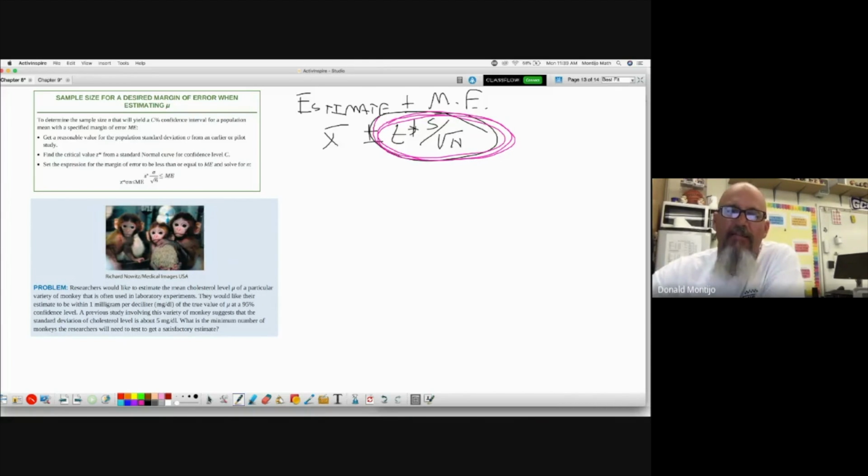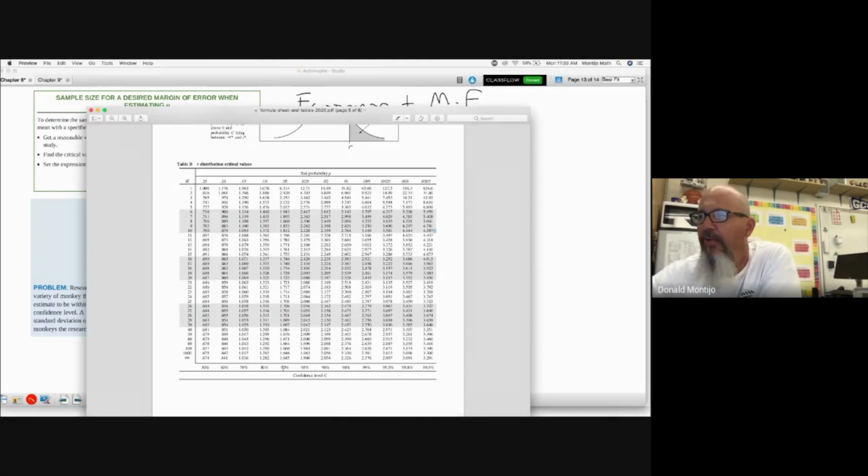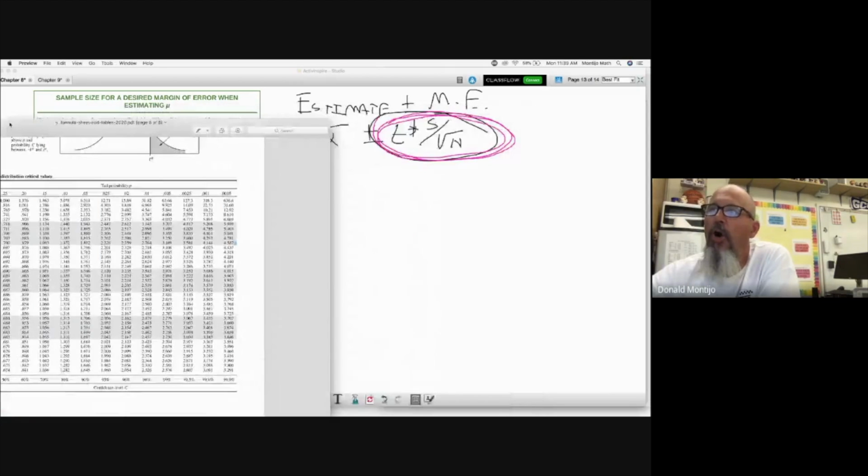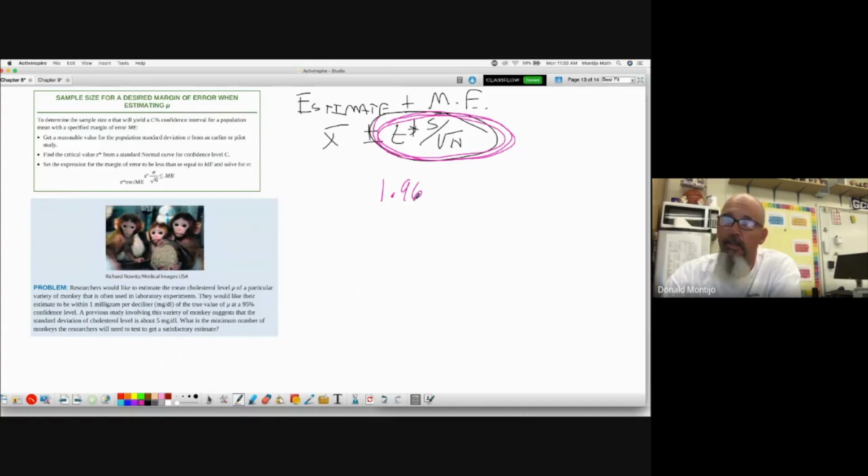So at 95%, if we look at our table here, it's 1.96. So we know our Z star or T star we're going to use is 1.96. S, they tell us, is 5, and we don't know N. And we want this to be less than or equal to 1.